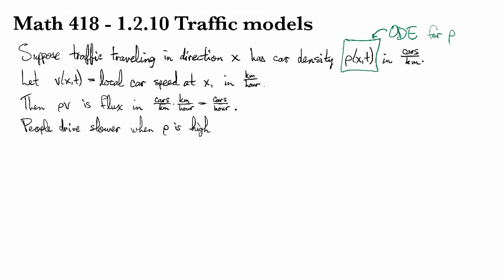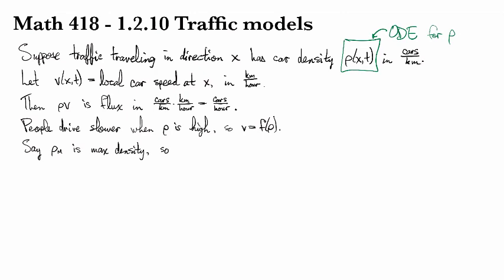So really, velocity is going to be some kind of function of density, and we need to figure out what that looks like. So let's say that rho sub m is maximum density.